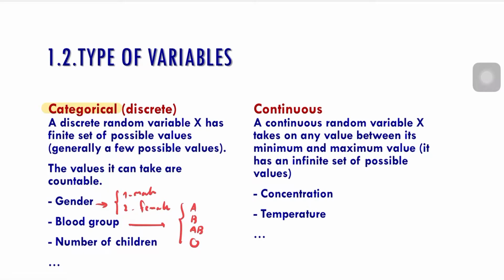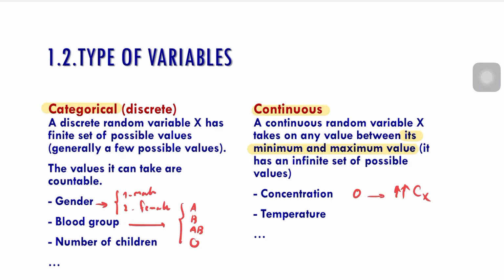But in the continuous type, the data is infinite, and we can have just a minimum and a maximum, as I showed you. For example, concentration can start from 0 until a big value, for example C1, C2, or Cx.